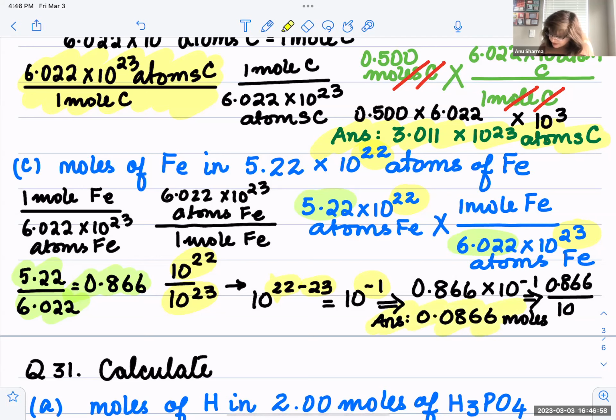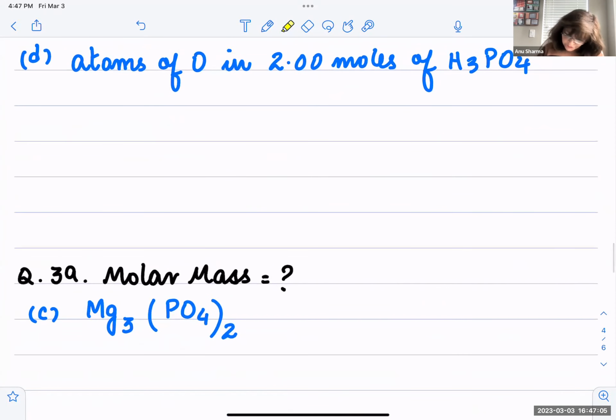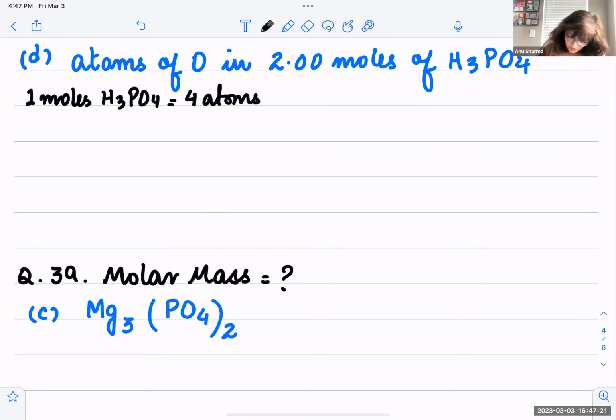All right, so anyways, we got it earlier. So next, let's look at this: atoms of oxygen in 2 moles of H3PO4. Now here, 1 mole of H3PO4 contains 4 atoms of oxygen. You can also say 4 moles of oxygen.